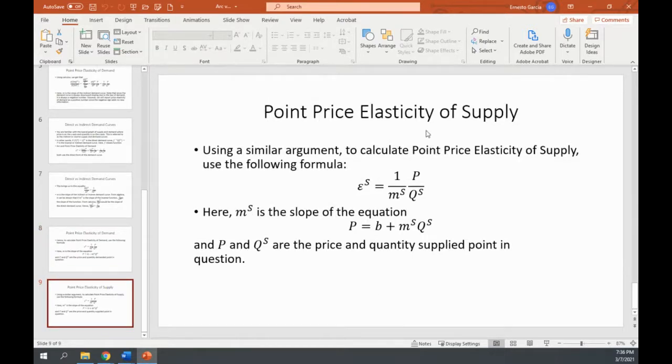You can make a similar argument for the point price elasticity of supply. Same argument.